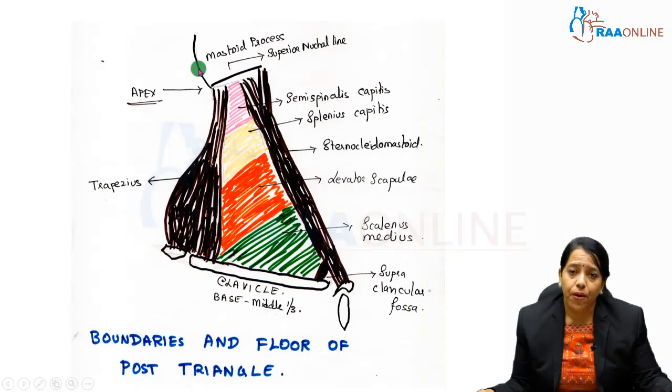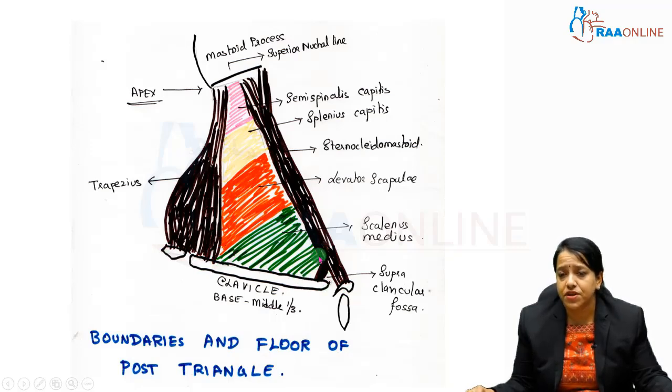The posterior boundary is being formed by the anterior border of the trapezius muscle, and these come very close at the superior nuchal line, because here is the mastoid process from where the sternocleidomastoid takes origin. The base of the triangle is being formed by the middle third of the clavicle.